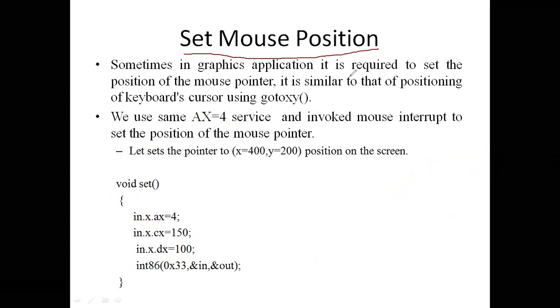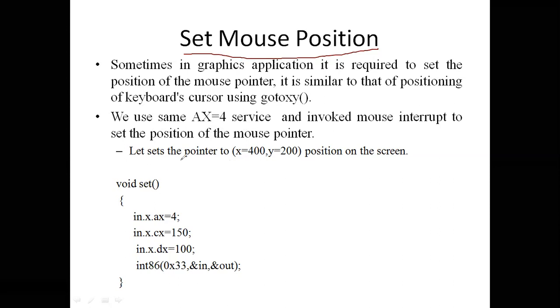It is quite similar to setting a keyboard cursor on a particular location using gotoxy. We use AX equal to 4 service and invoke the mouse interrupt to set the position of the mouse pointer.